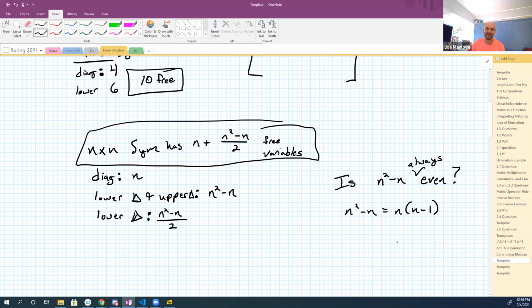One of them is going to be even. And the product of an even number and an odd number is always going to result in an even number. This has been your little number theory lecture for the day, randomly interspersed in here.